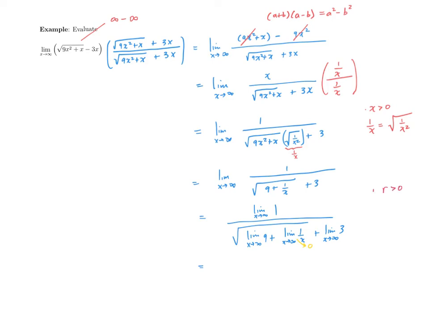We saw with our limit law, as long as r is a positive quantity, the limit as x goes to either plus or minus infinity of 1 over x to the r is equal to 0. And our case here is r equals 1. So what we are left with is 1 over the square root of 9 plus 0 plus 3, which is 1/6.